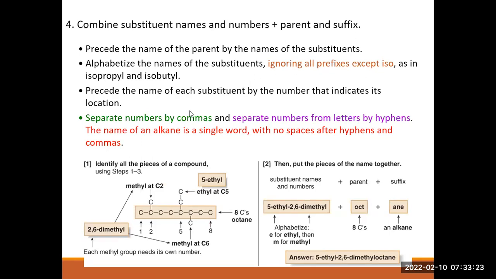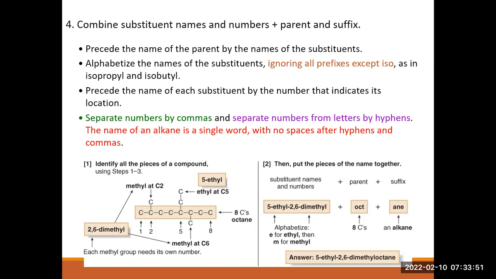Precede the name of each substituent by the number that indicates its location, and separate numbers by commas and separate numbers from letters by hyphens. Again, take note. Numbers are separated by commas and numbers from letters by hyphens. A letter-number separation is using a hyphen. The name of an alkane is a single word with no space after hyphens and commas.